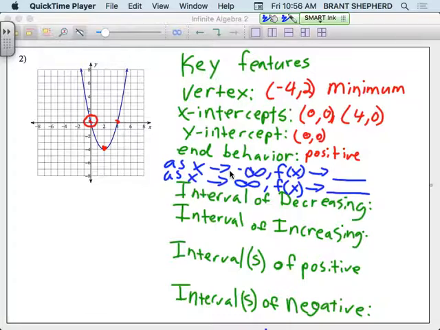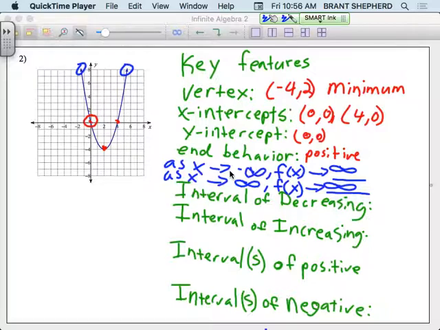If I have positive end behavior, I'm always going to just put in positive infinity in both of these. So f of x approaches positive infinity. f of x approaches positive infinity. They're going to go the same way because you can see that both of my arrows on the end of my graph are pointing up. They're both going up.